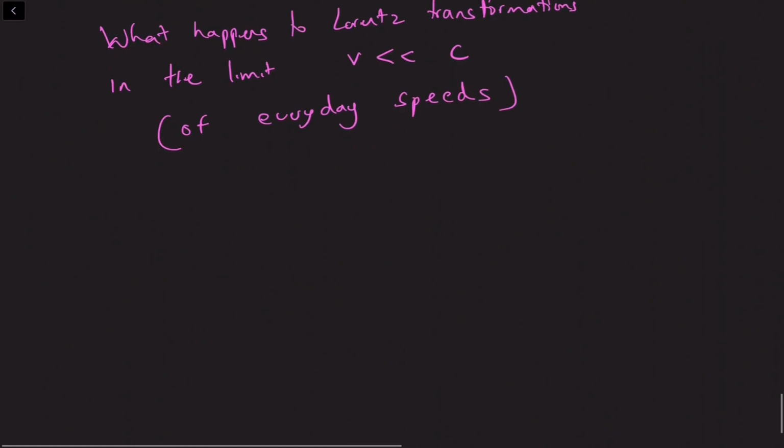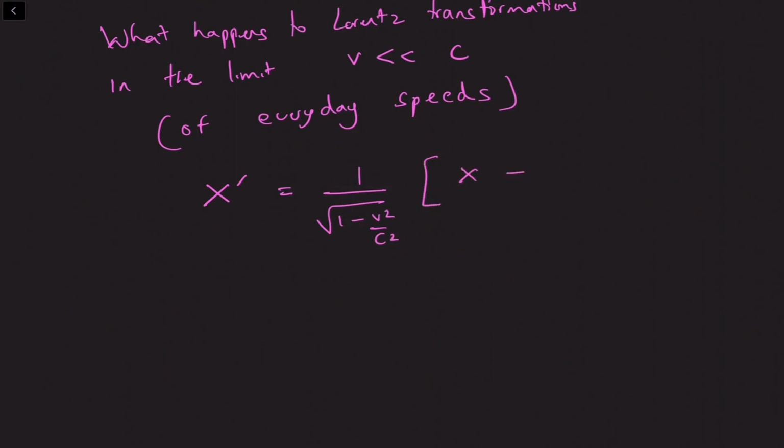So first, let's look at the equation for x prime. So x prime, which is the coordinate of the moving observer relative to a frame S, would look like this. It's 1 over square root of 1 minus v squared by c squared times x minus vt.